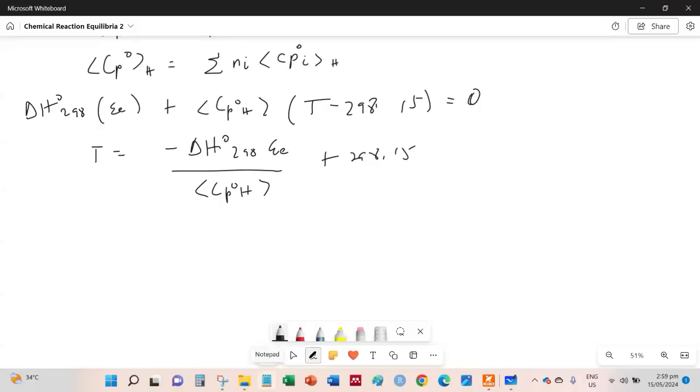So now we have an equation for the temperature.